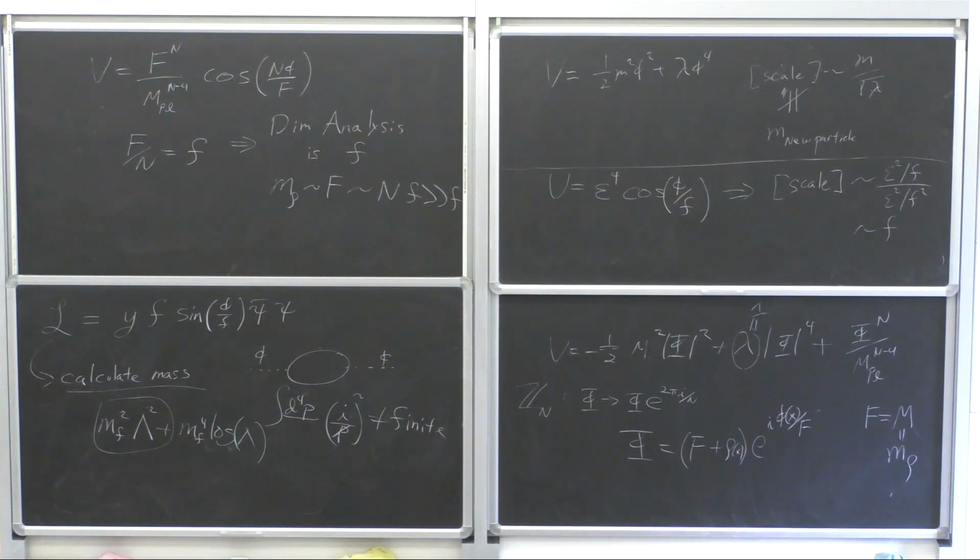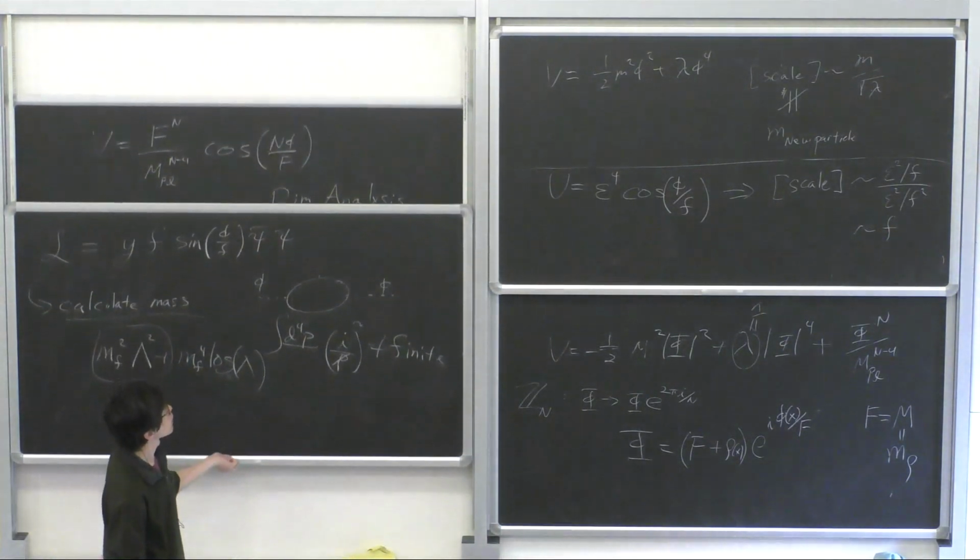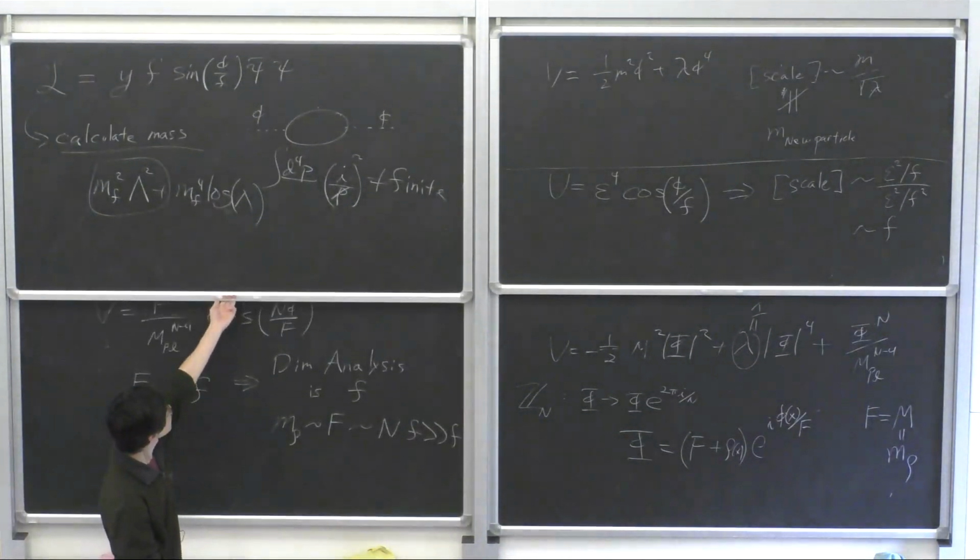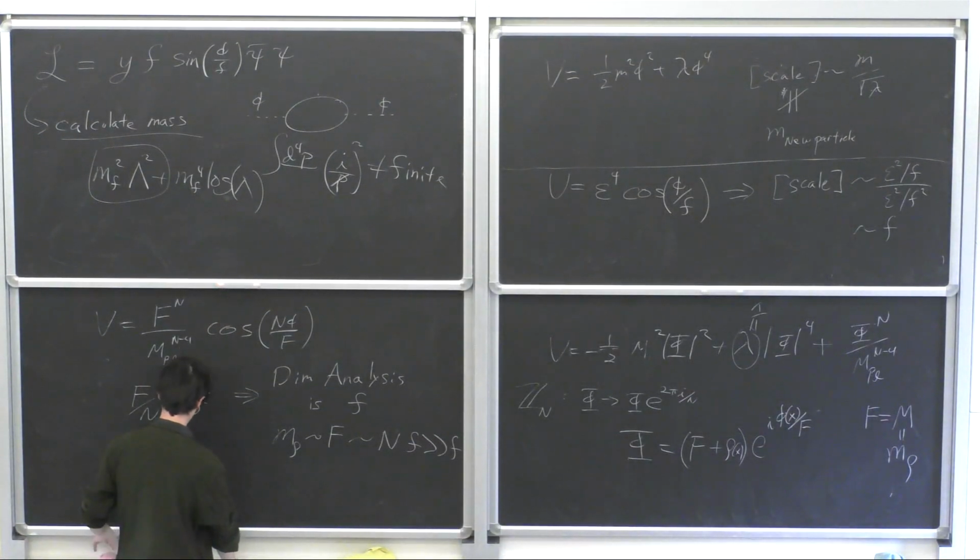Something bad is happening. You're asking a bad question. But let's be a little more careful. So the claim is, just by writing sine phi over f, this integral is actually now going to be a finite thing. And so let's see what happens.